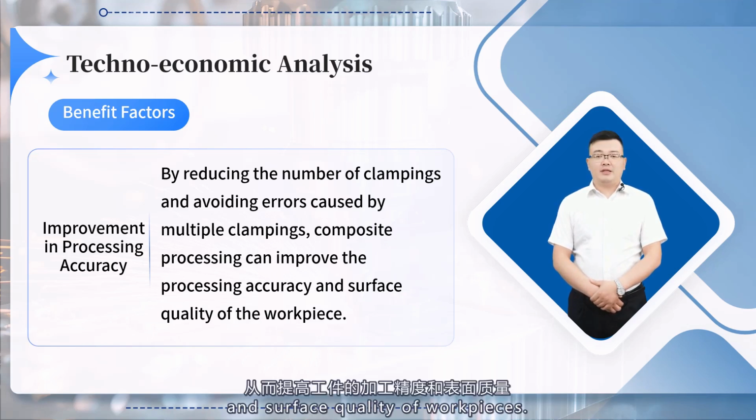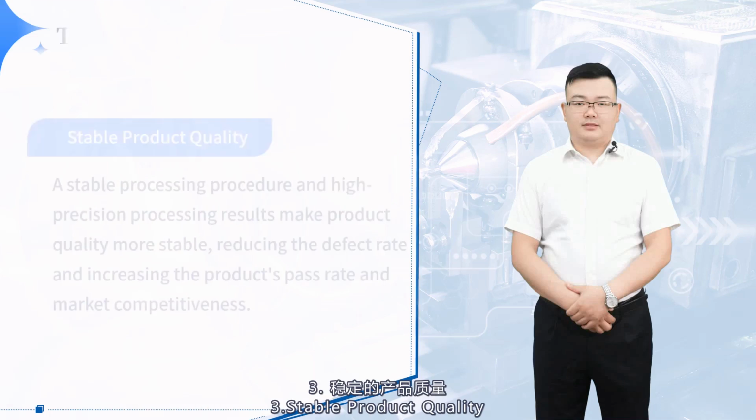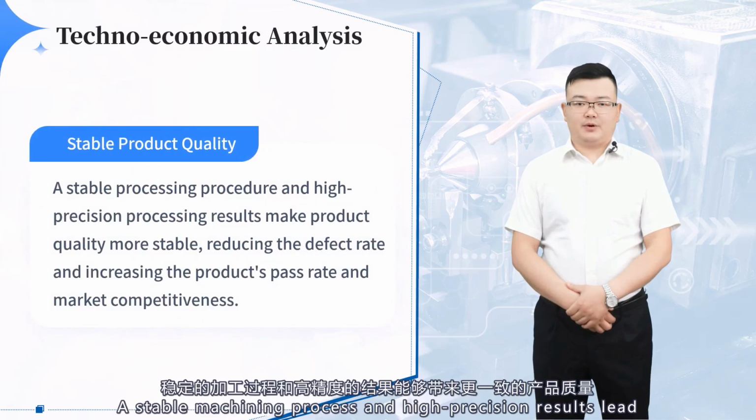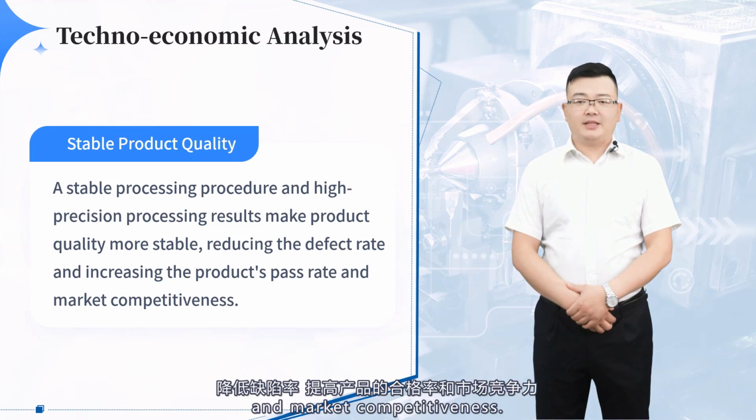This is particularly significant for parts with extremely high precision requirements, such as the tiny components in micro-electromechanical systems. 3. Stable product quality. A stable machining process and high precision lead to more consistent product quality, reducing the defect rate, and increasing the product's pass rate and market competitiveness.